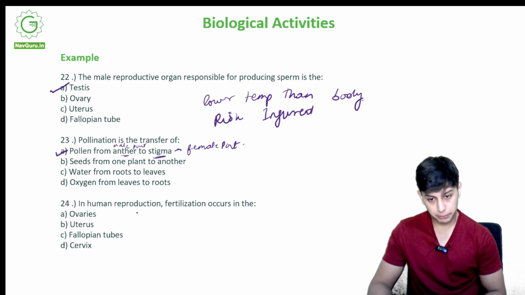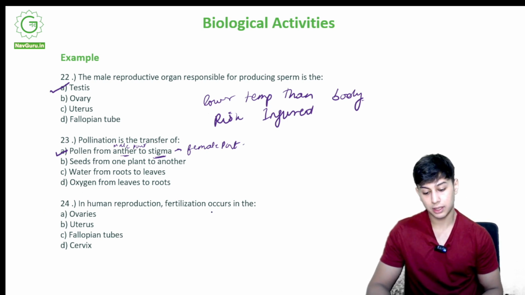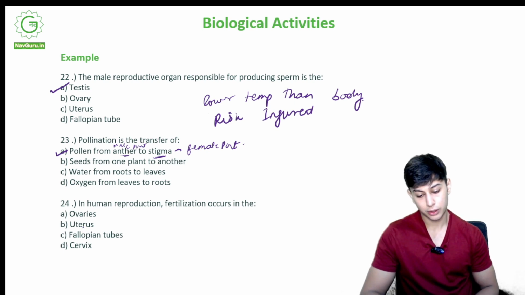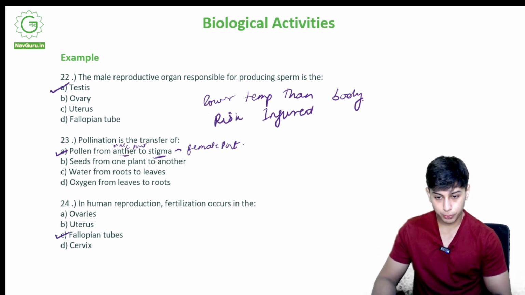During human reproduction, fertilization occurs in the ovaries, uterus, fallopian tubes or cervix. Correct option is option C, in the fallopian tubes.